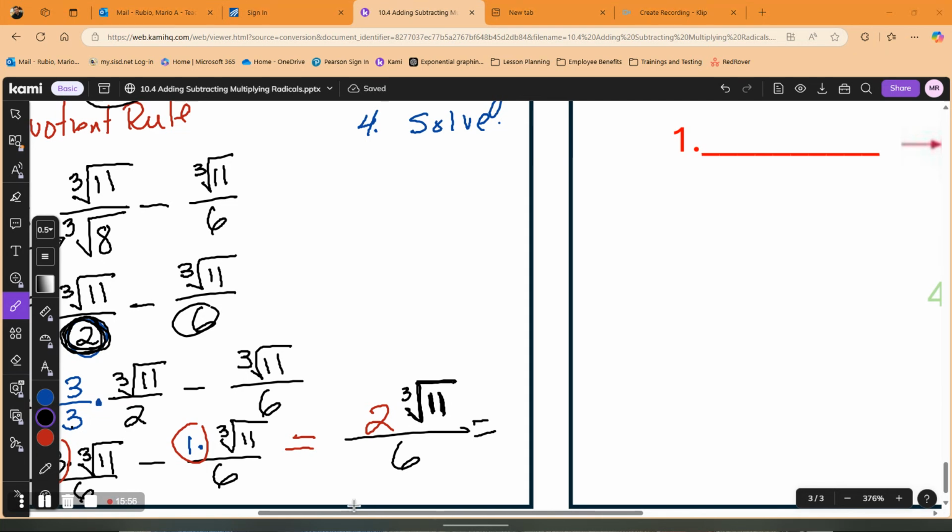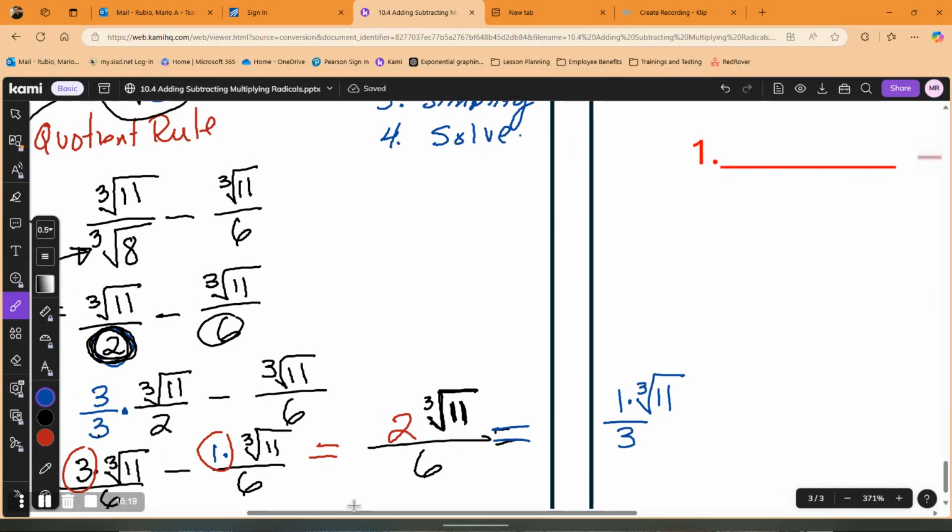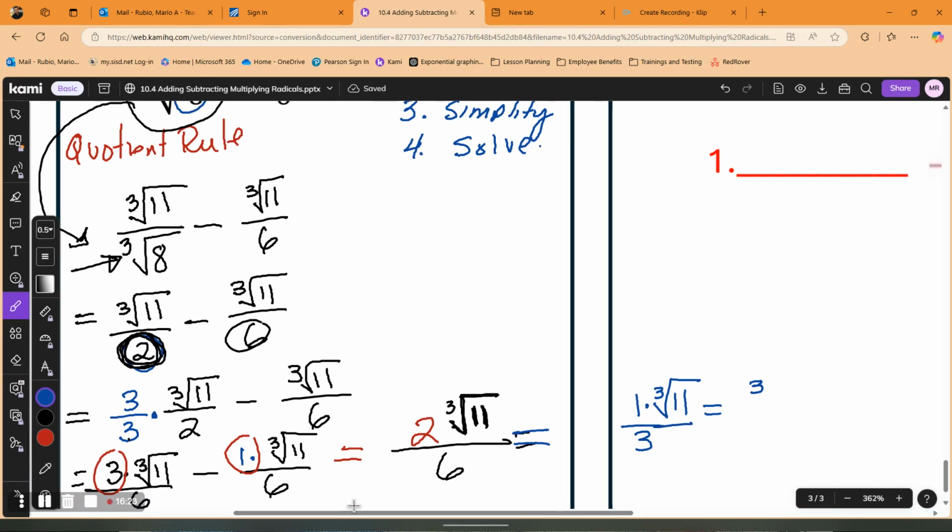So now 2 over 6 can be reduced to 1 over 3 times the cube root of 11. And really, we don't need to write the 1, so we can just write the cube root of 11 divided by 3. And that's our final answer.